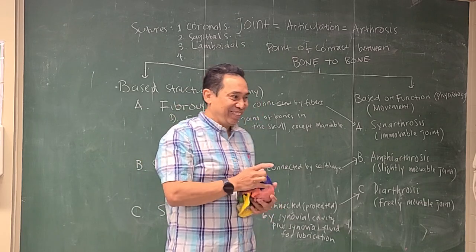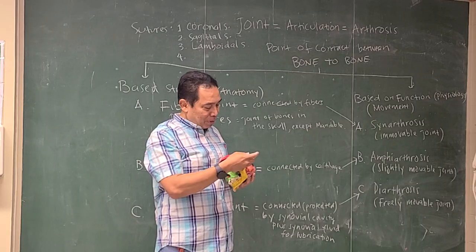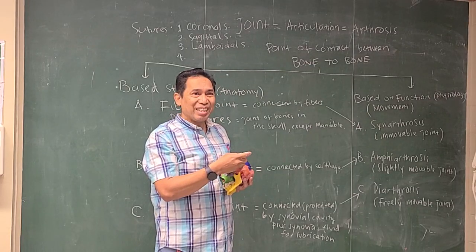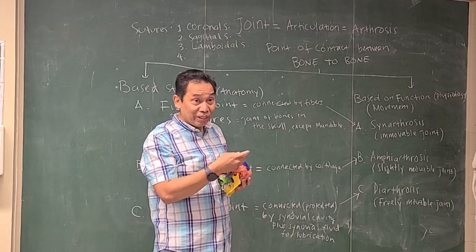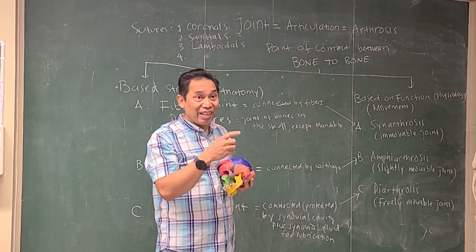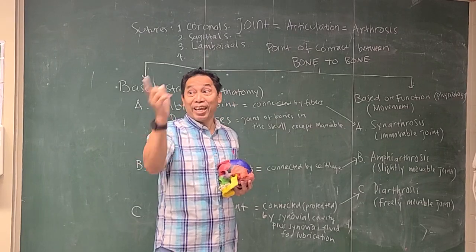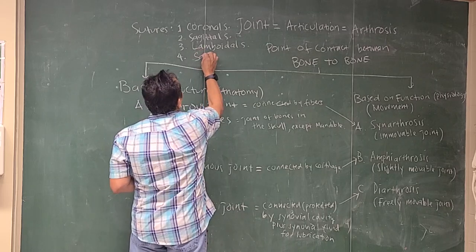Last one. Look, that's the parietal bone and the bone on the side. What do you call it? Temporal bone, right? There is also a suture. It looks like a scale, like a fish scale or snake scale on the skin. Scale means squamous.